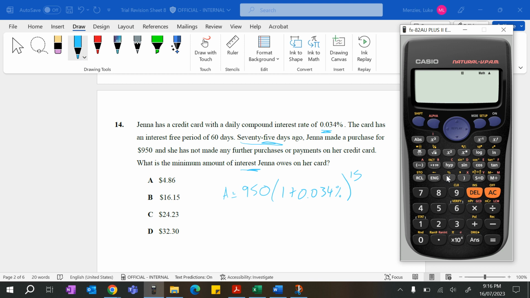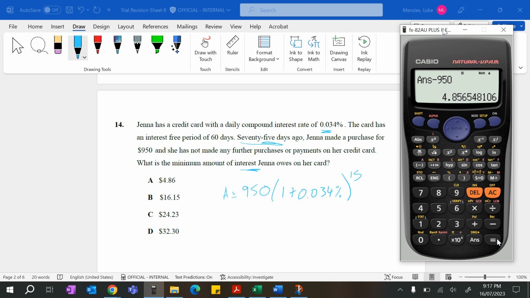So 950 bracket 1 plus 0.034% to the power of 15, because this percentage is a daily percentage, and credit cards is normally a daily interest. Okay, and so there's our 954, and we're going to minus our 950.